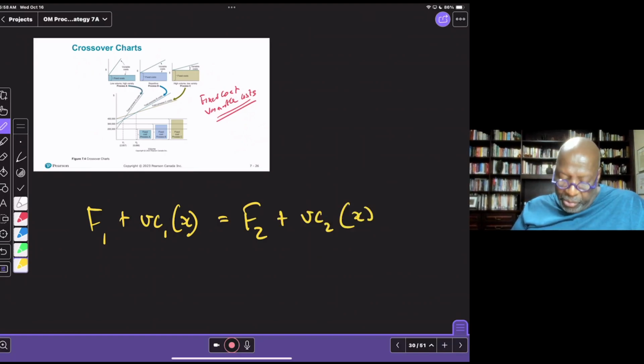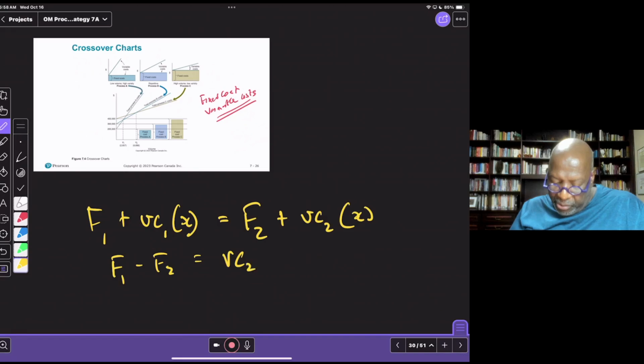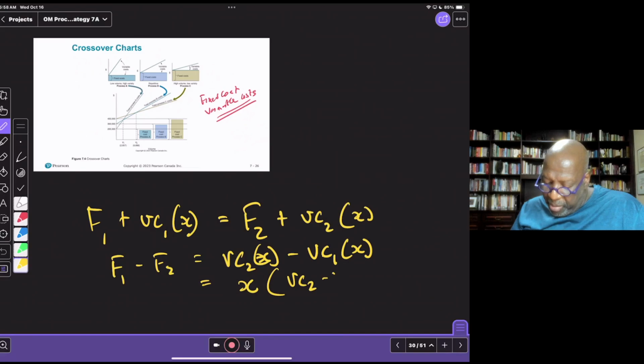So if you were to solve for X, you would have F1 minus F2 is equal to VC2 times X minus VC1 times X. If we factor out the X, then that is equal to X times (VC2 minus VC1).